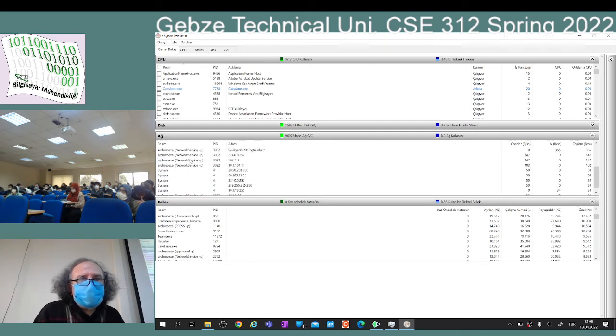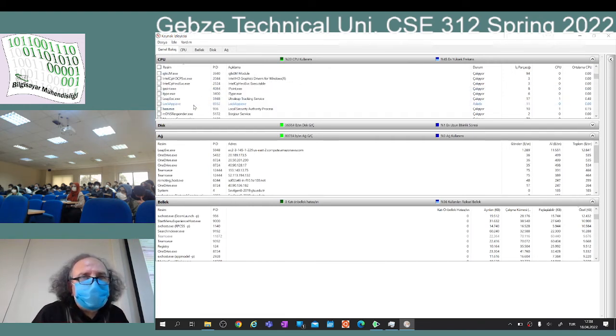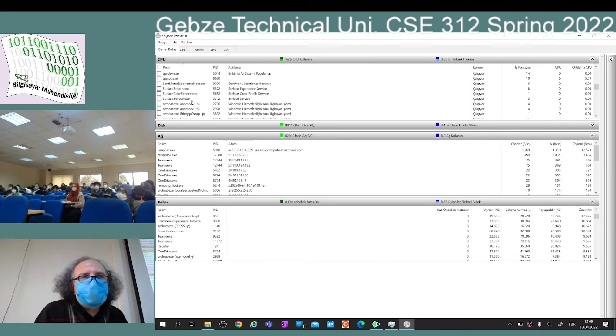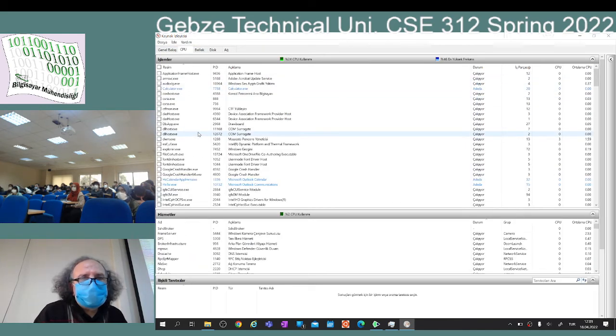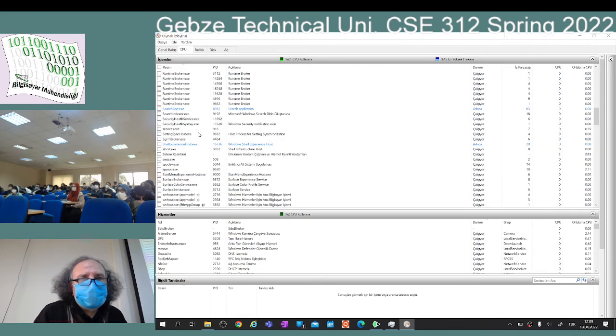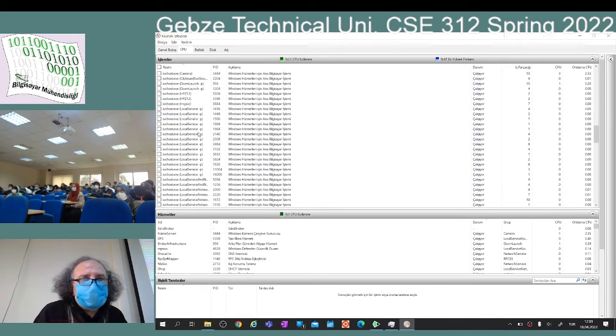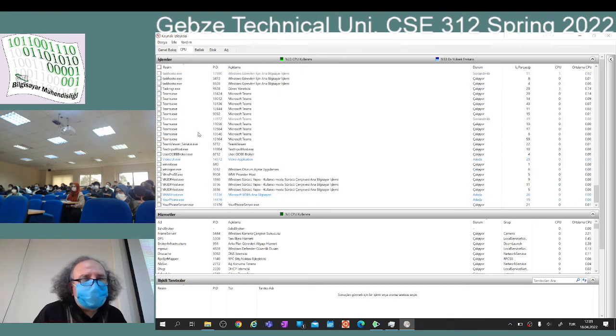You will see that it looks like none of my DLLs are using any CPU now. Well, I did not get it separated from the EXEs. Maybe this way. Dynamic link libraries. No, these are all executable stuff. I couldn't find it, sorry.